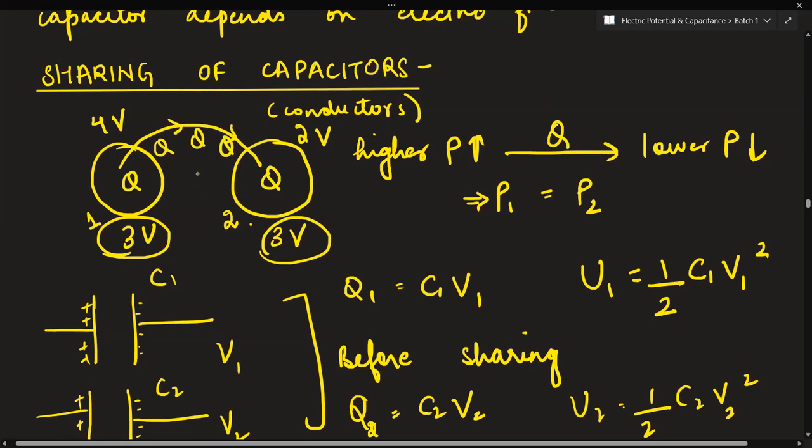It's just that transfer of charge has occurred from conductor 1 to conductor 2, but ultimately charge is conserved. Initially, whatever amount of charge there was, that is still there.